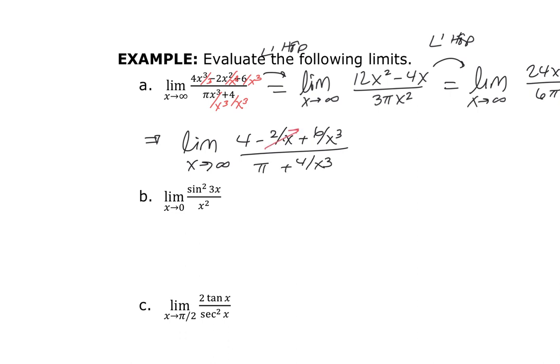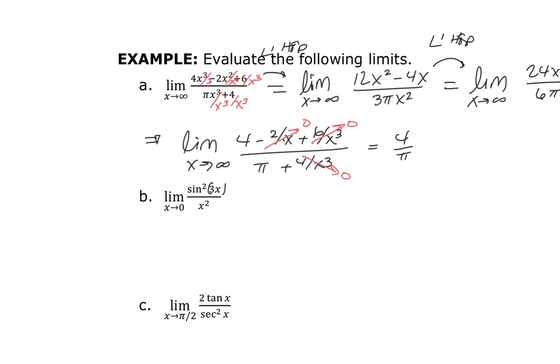As x goes to infinity, this goes to 0, this goes to 0, this goes to 0, and I end up with just 4 over pi. Just because you can use L'Hopital's doesn't mean you want to use L'Hopital's. I'm just saying that you're allowed to, as long as we end up with infinity over infinity or 0 over 0.